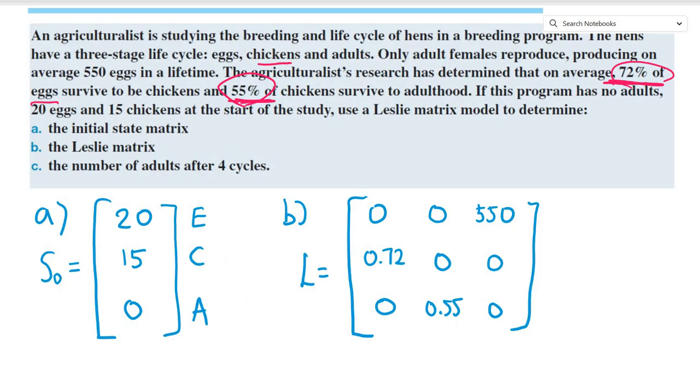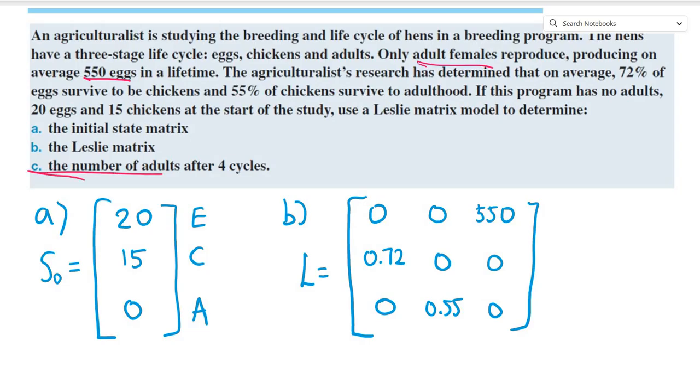It also tells us the birth rate: there's no birth happening between these two, but when you're an adult, on average adult females reproduce 550 eggs. So we've got the 550 eggs over here, but nothing for these two. Once we've got the birth rate and survival rate filled out, the rest are filled with zeros, and we've got our Leslie matrix and this initial state matrix as well.